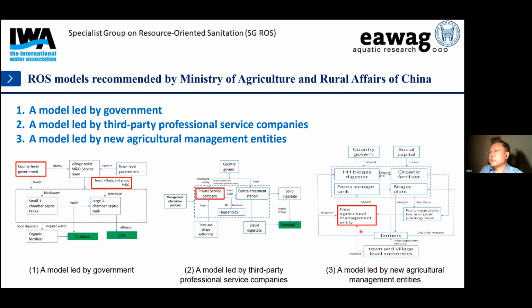So from here, we can see the main stakeholders include the county, town, and village authorities, and also the companies and the farmers. All of these are involved in this system.